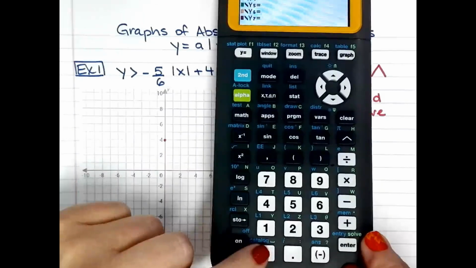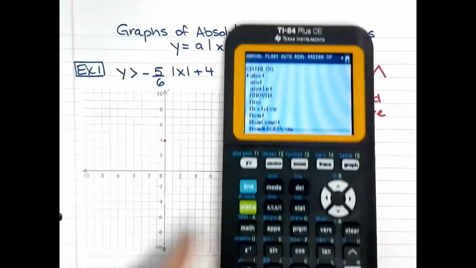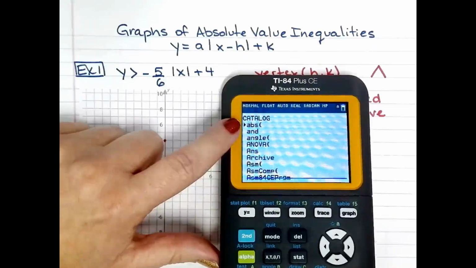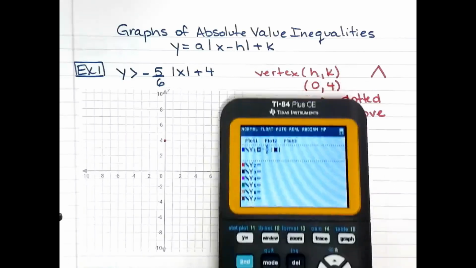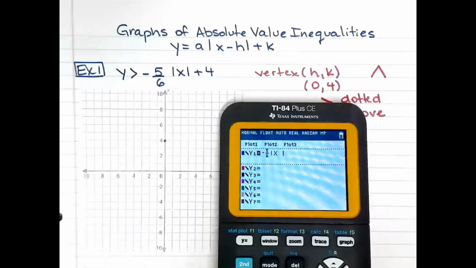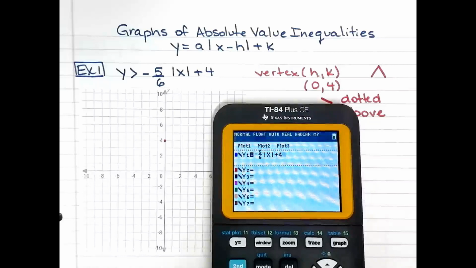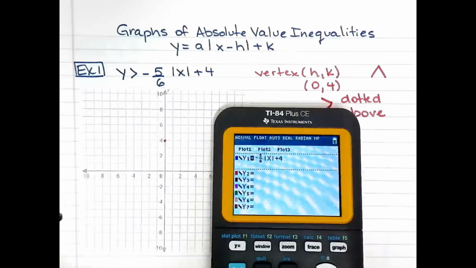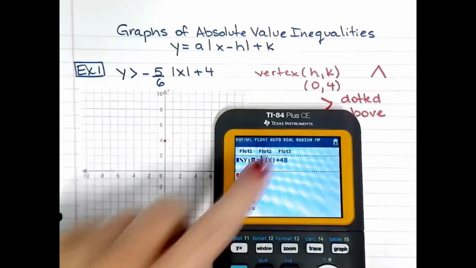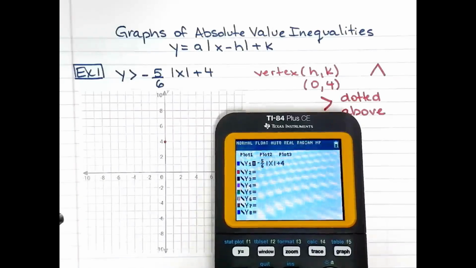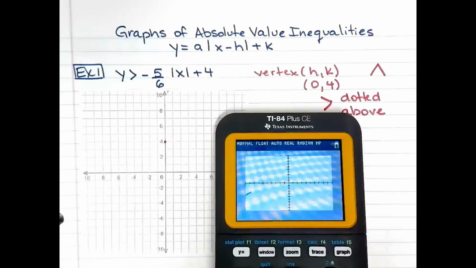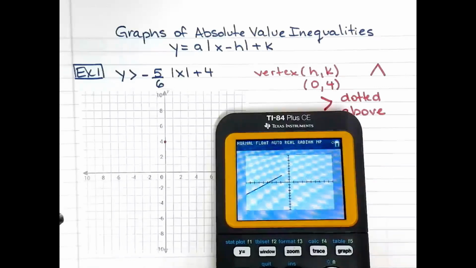That's one way to do it. And notice that it comes up as abs for absolute value. Then x, and then plus 4. Plus 4 must be outside the absolute value brackets right there. If you want to really see what it looks like, it will graph the equation for you.